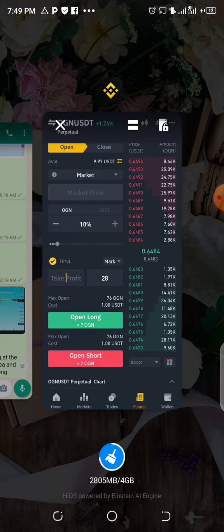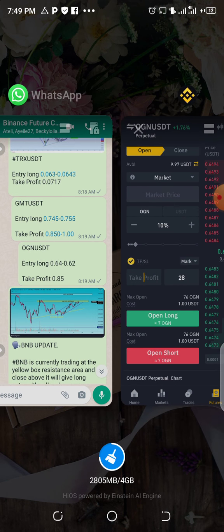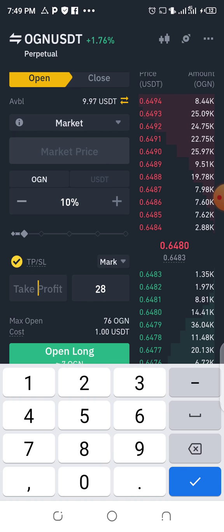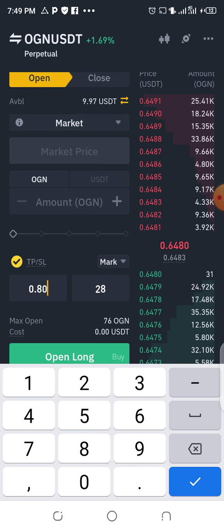They say we should take profit at 0.85. Me, I'm going to take at 0.80. Then normally if I'm the one trading, I don't like setting stop loss, because I always set alarm. I know when to come, even in the middle of the night, to be checking my trade. I don't set stop loss.